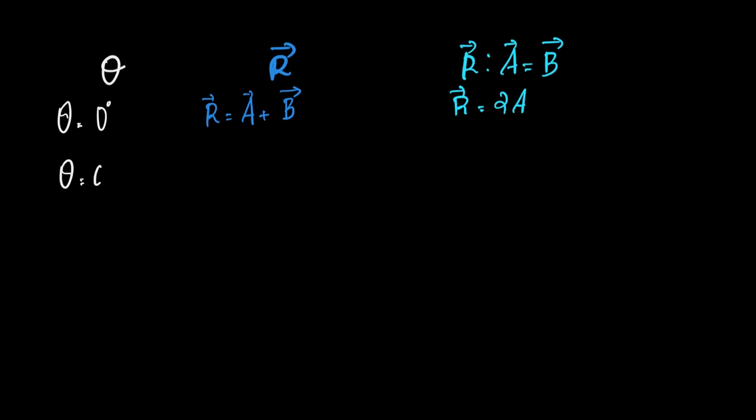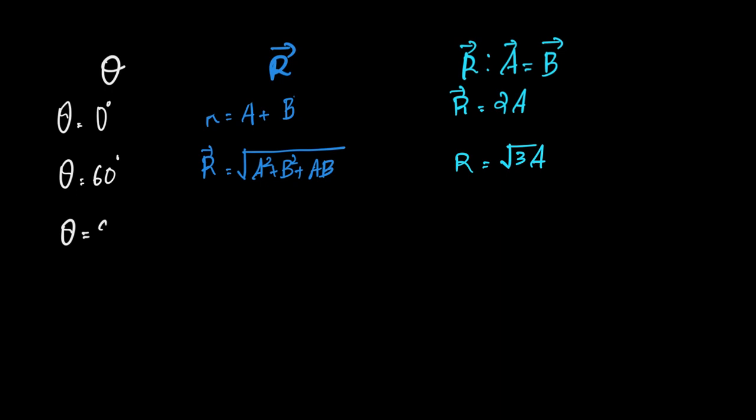Similarly, when theta is equal to 60 degrees, what is r? Sorry, it is not vector r, it should be the magnitude of r. So r is equal to root of a square plus b square plus ab, and here r would be equal to root 3 times a.